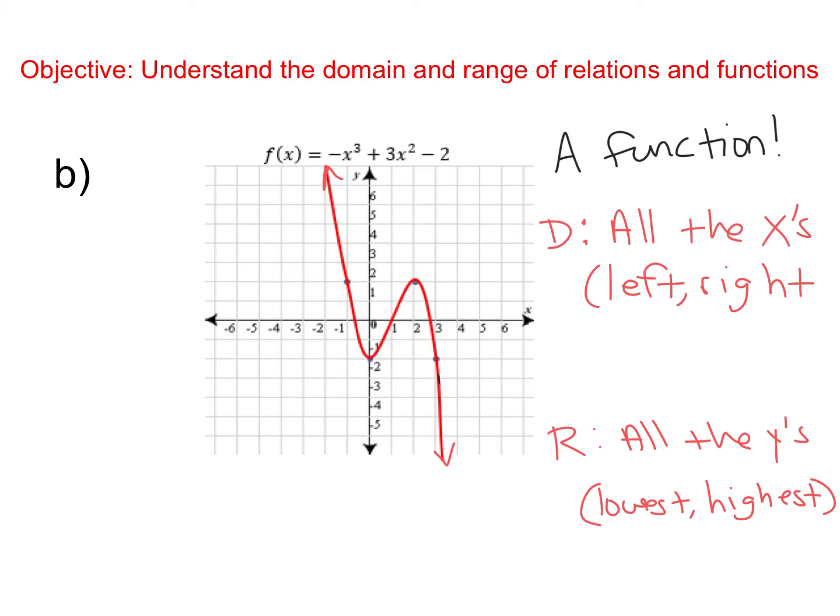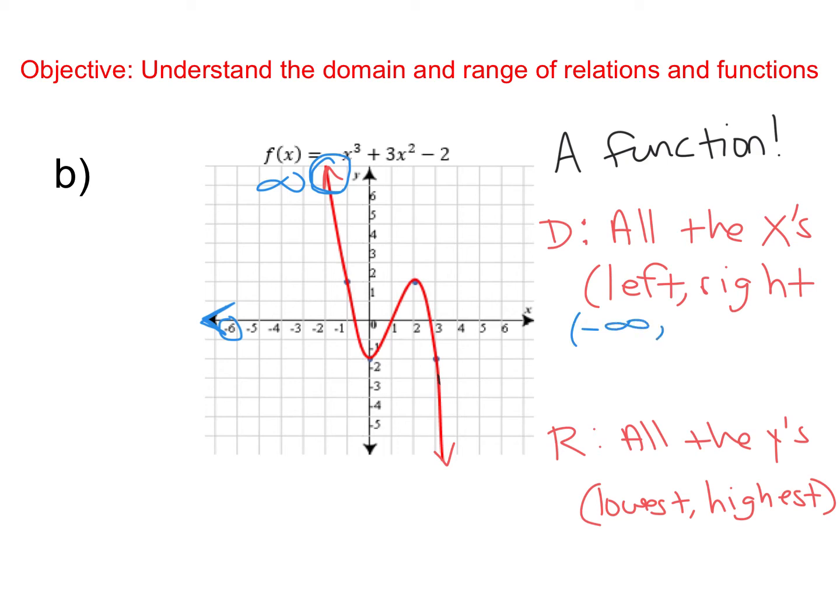Where on this graph is the red graph farthest to the left? Farthest to the left is up here, right? That's an arrow. What's an arrow mean in math? It means it's going on forever. That's the symbol infinity. But remember, we're going left, and our x's are negative on the left. So our domain starts at negative infinity.